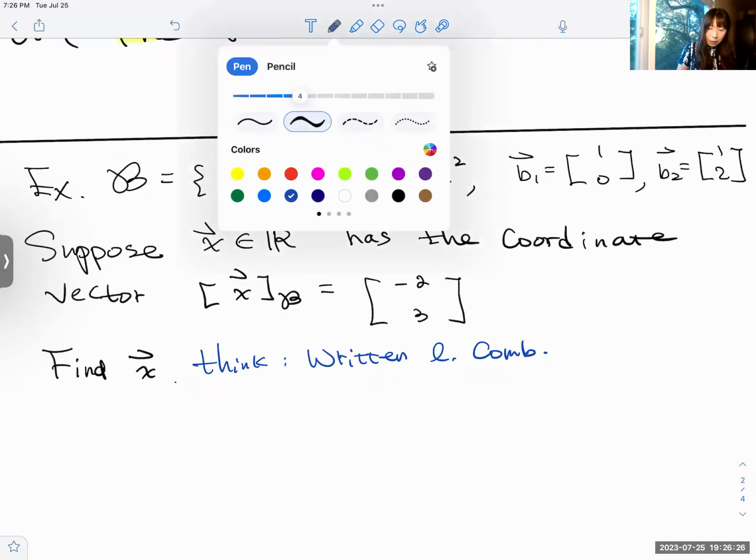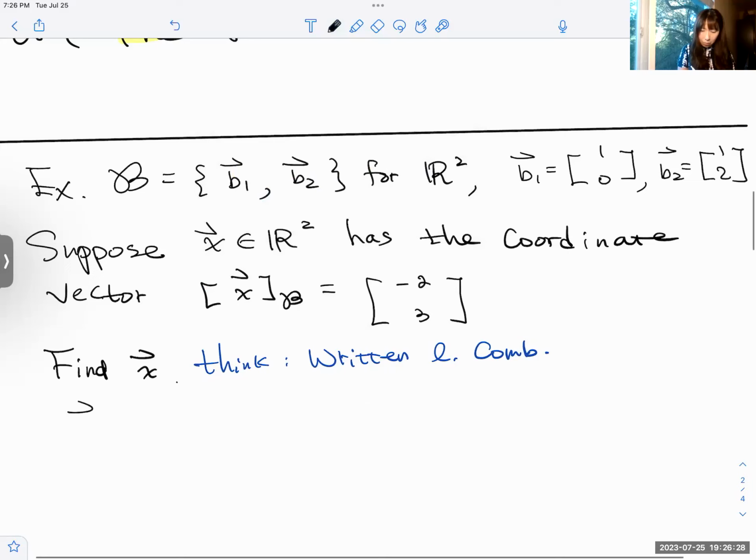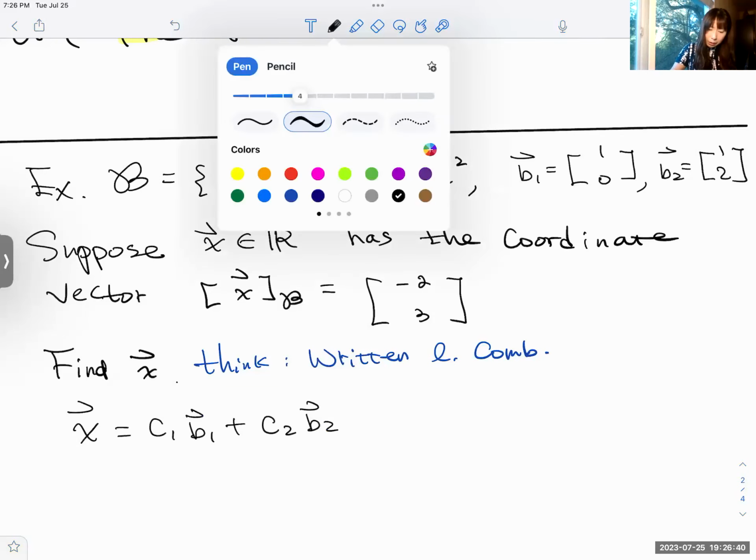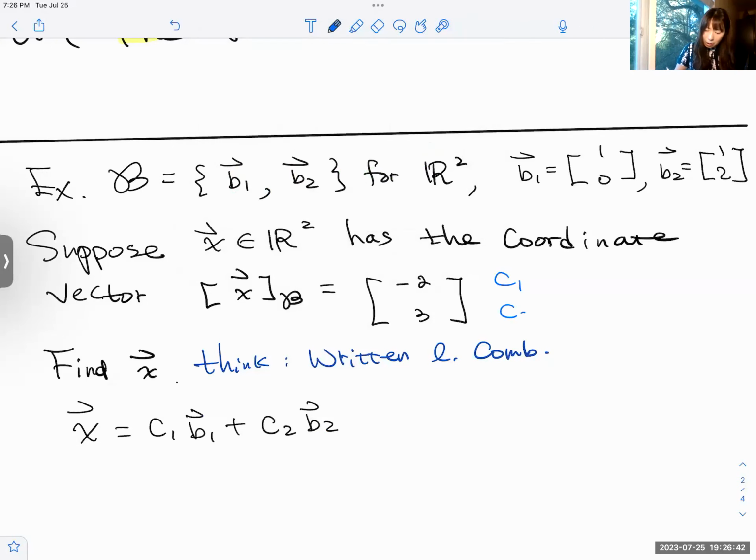So we have x equal to c sub 1 b sub 1 plus c sub 2 b sub 2.